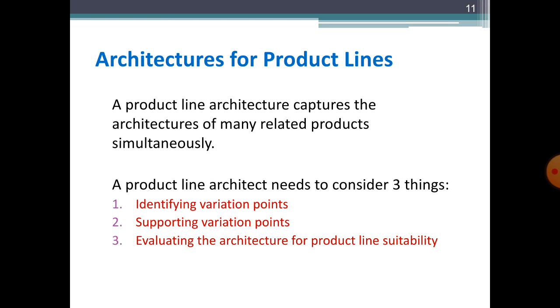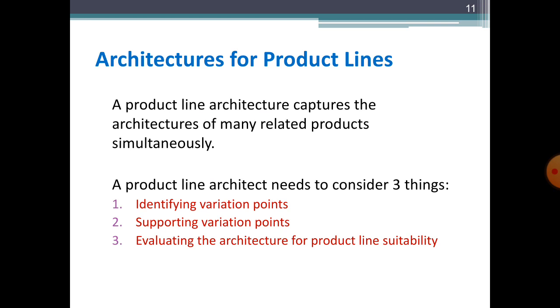So what does it mean to identify variation points? Identifying variation points means variations discovered during the requirement process, like features, user interfaces, qualities and target markets. And there are variation points discovered during the architecture design process, like options for implementing the variations identified during the requirement process, or normal variation during design.